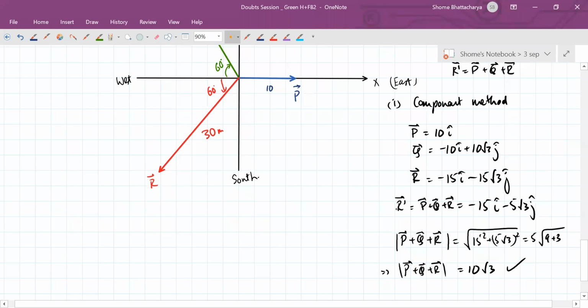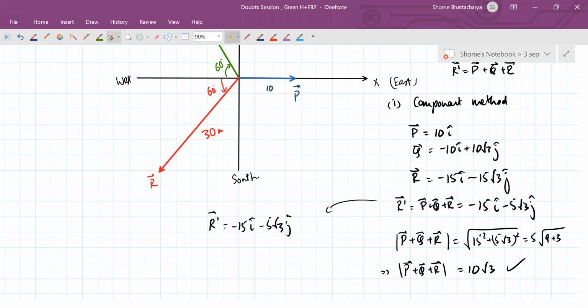That's the first thing. And you also want to see the direction it's at. So this particular vector R prime, where will it be lying? Now, if you check this out, minus 15 i cap minus 5 root 3 j cap.